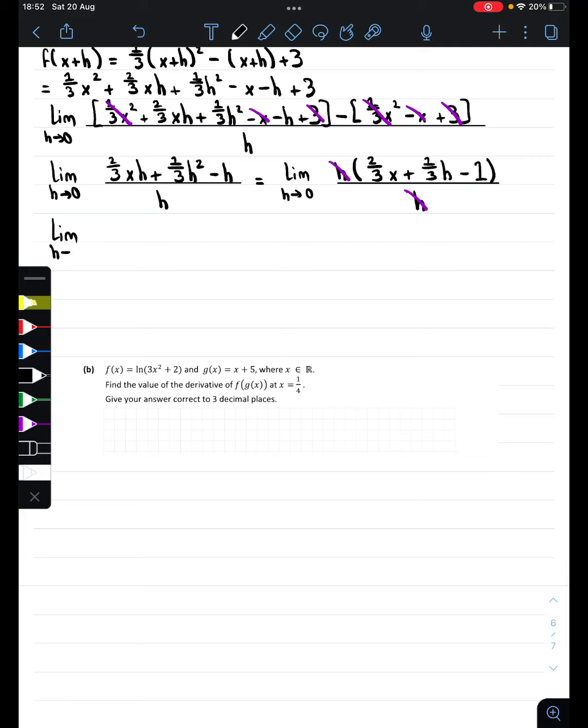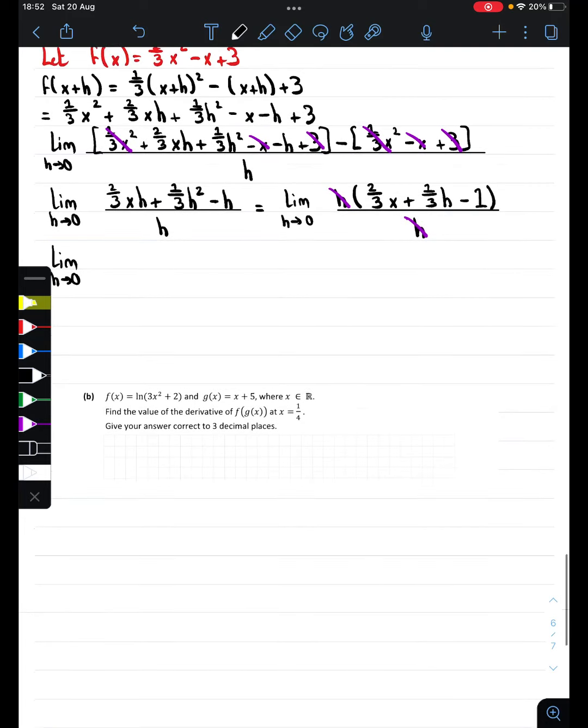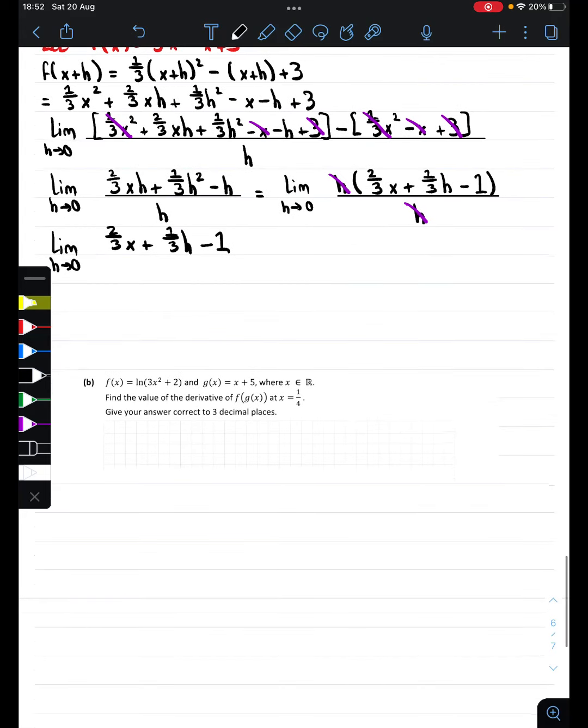The limit as h goes to 0 of 2/3 x plus 1/3 h minus 1. And the limit as this goes to 0, well, 2/3 x and minus 1 aren't affected. They're going to stay as 2/3 x. But 1/3 h is going to get smaller and smaller and smaller until it is 0.